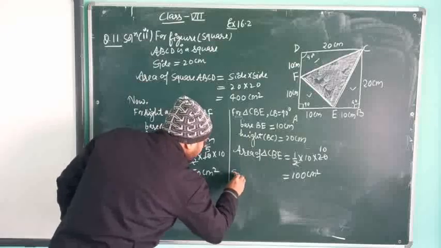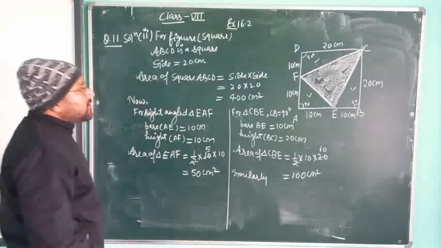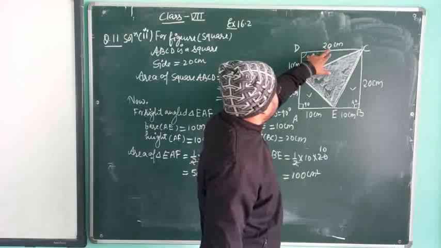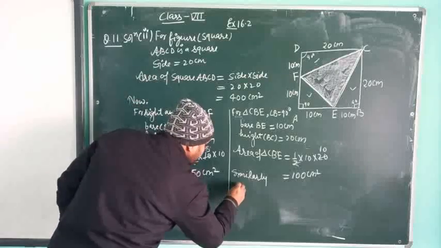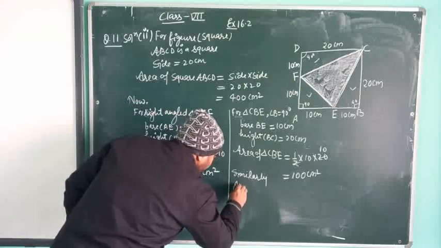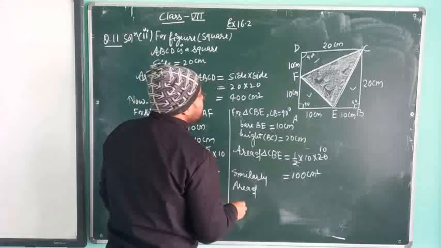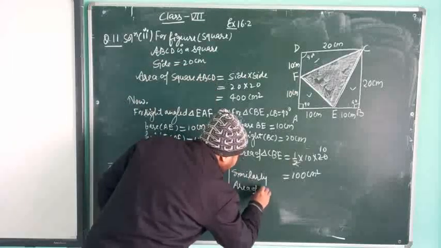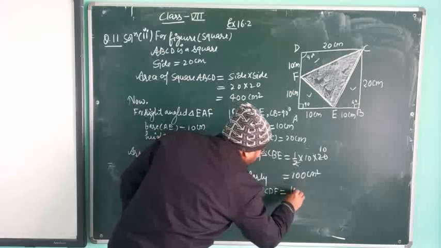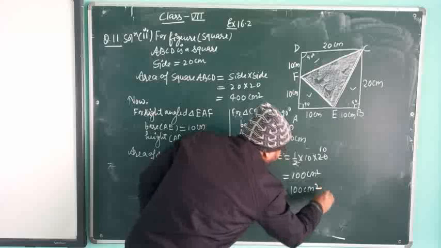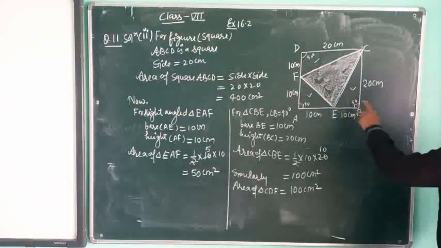It is similar, because its base is 20 and height is 10. So similarly the area of triangle CDF is also 100 centimeter square because their dimensions are similar to this triangle.